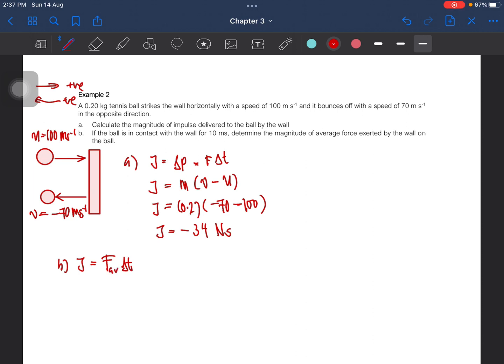Impulse is 34, and this is equal to F average times delta t, where delta t is 10 milliseconds. So we have the force to be equal to 3,400 Newton. That is the solution for example number 2.